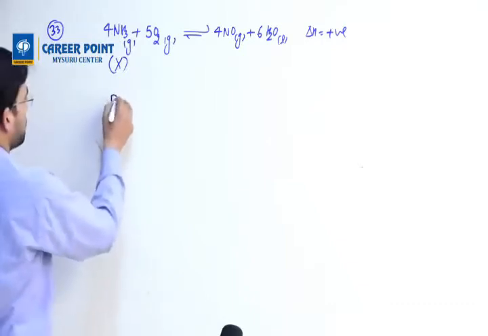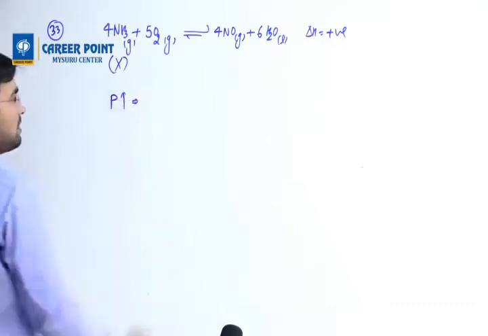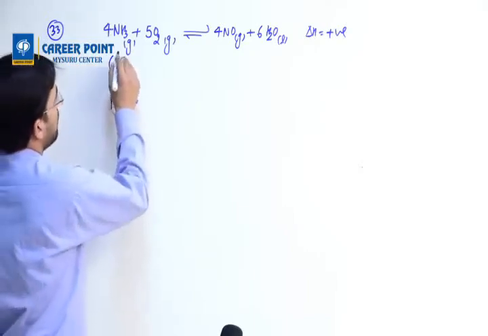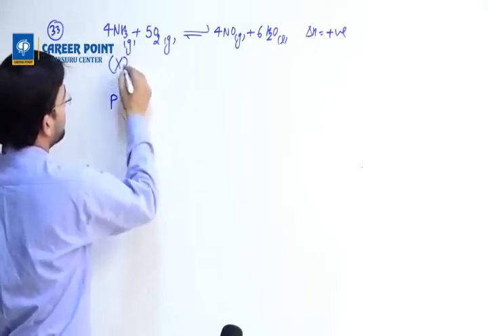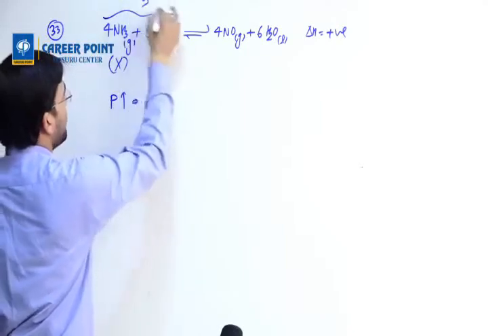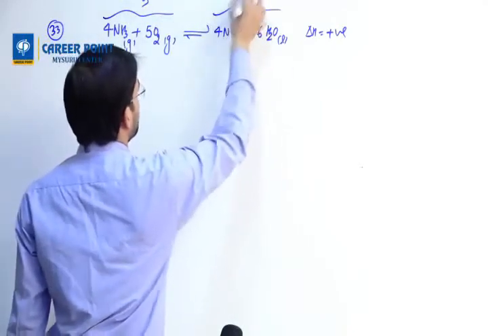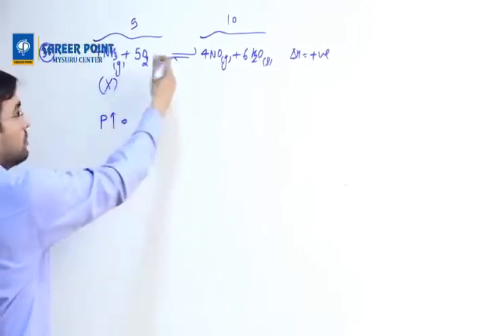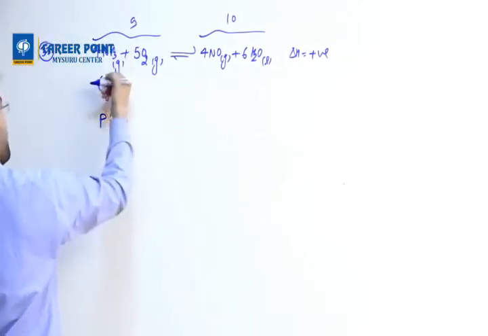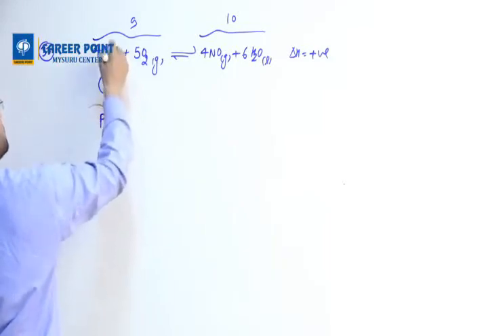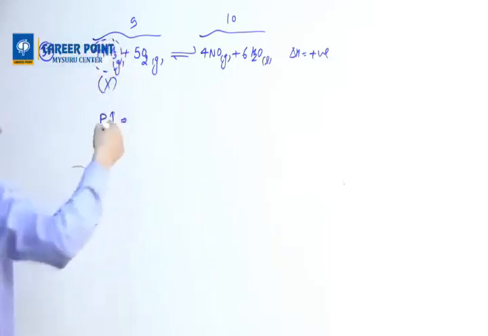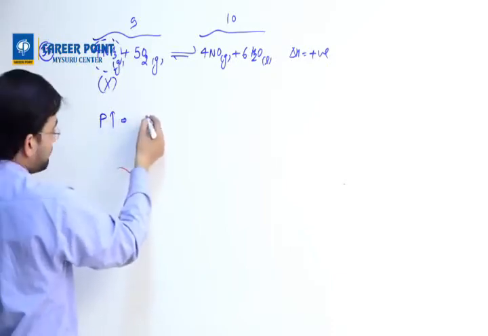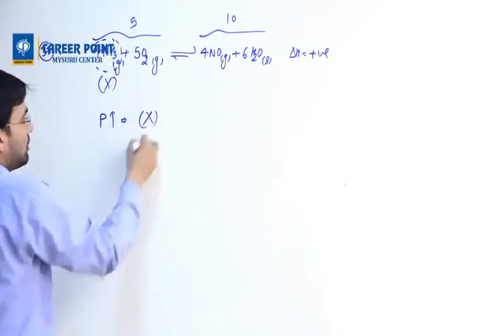If you increase pressure, the reaction will go in the direction which has fewer moles. Here the total is 9, there the total is 10, so fewer moles are on this side and the reaction will go backward. If the reaction goes backward, the concentration of ammonia will increase, and I don't want to increase it. So increasing pressure is not the correct option.